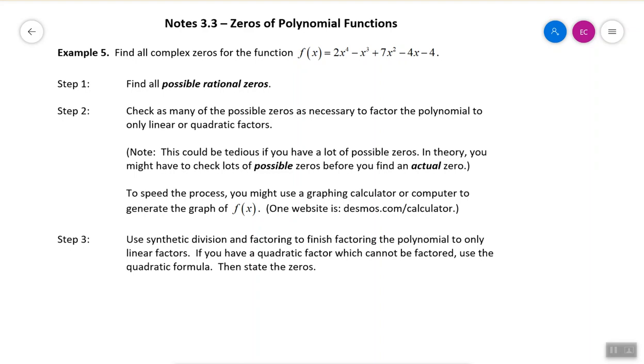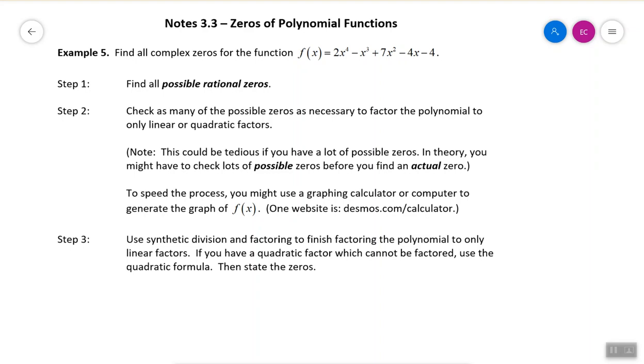So the first thing to do is to identify all of the possible rational zeros, and then in the next step we'll check as many as we need to in order to factor the polynomial. And so we need to get down to linear or quadratic factors. Those are the ones that we can solve directly without synthetic division.